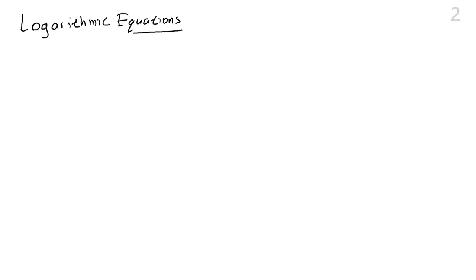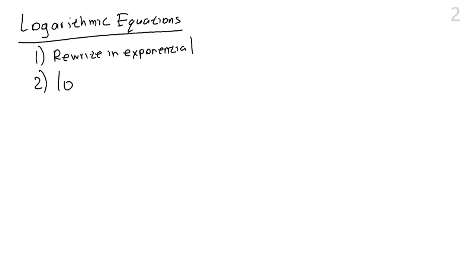Equations with logarithms can be solved with a few strategies. One strategy is to rewrite in exponential form and then solve as you would an exponential equation. Strategy 2 is to use the fact that log base b of something equals log base b of something else is the same as those somethings being equal to each other.